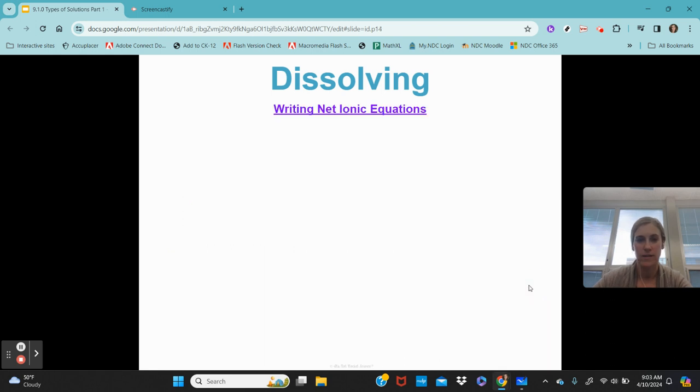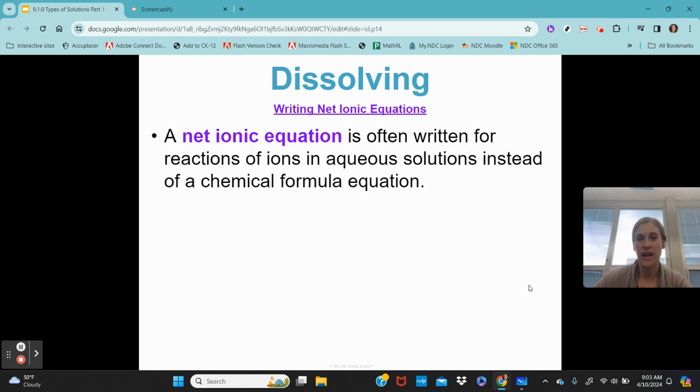All right, our last thing that we're going to look at is writing net ionic equations. It's a process. We actually have to write our molecular equation, then a complete ionic equation, and then the net. If you think of your net pay, if you have a job, it's what's left after everything is taken out.